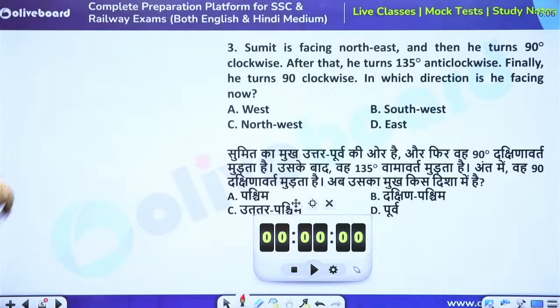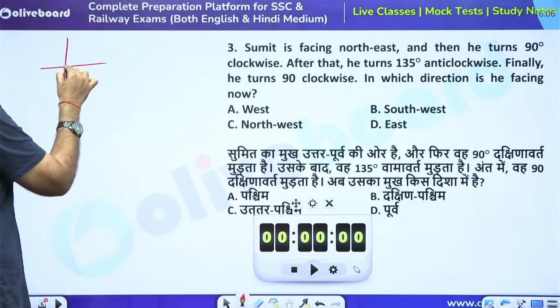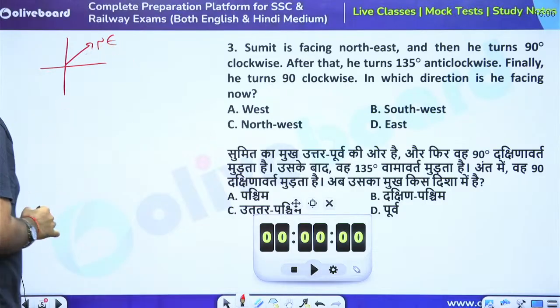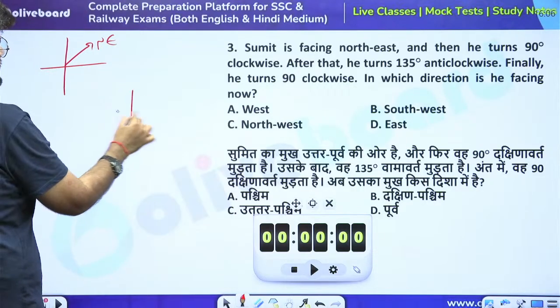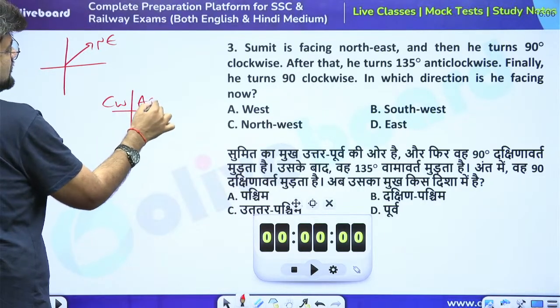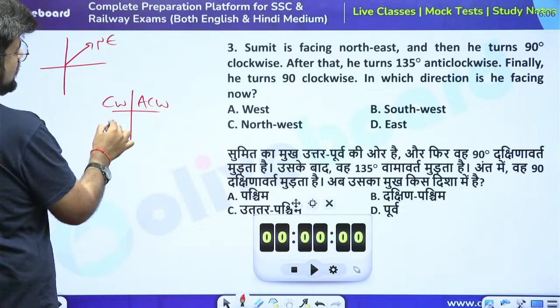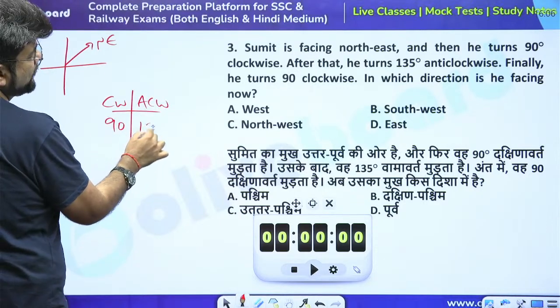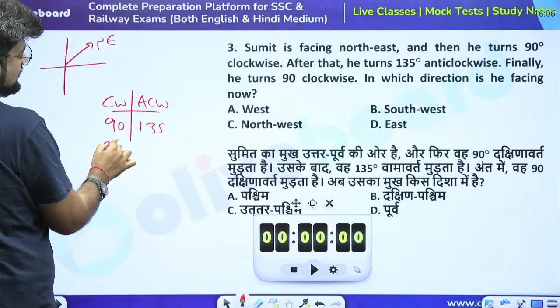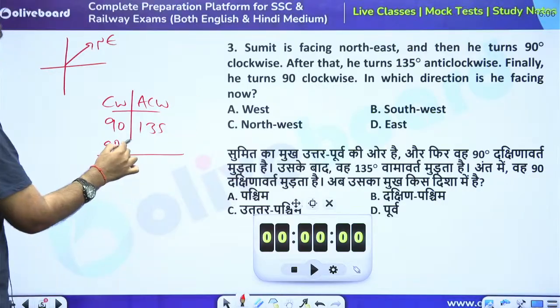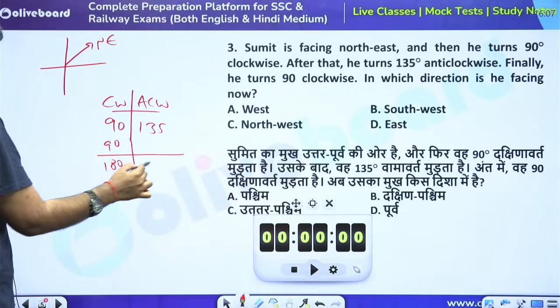Now see, Sumit is facing the northeast. And again, we'll have another table, clockwise, anti-clockwise. He is going 90° clockwise. After that, he turns 135 anti-clockwise, and then he turns 90° clockwise again. Which direction is he now? So add them, you will get 180° clockwise and 135 anti-clockwise.